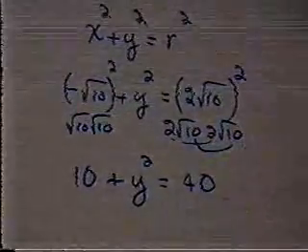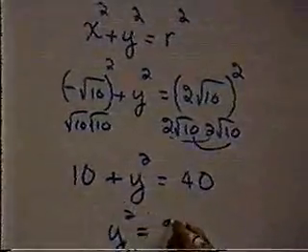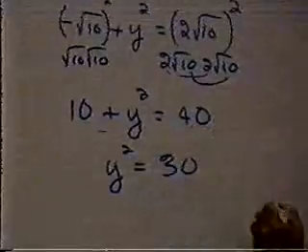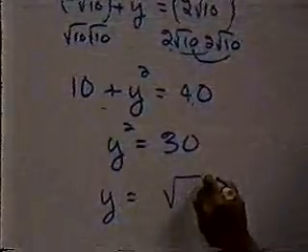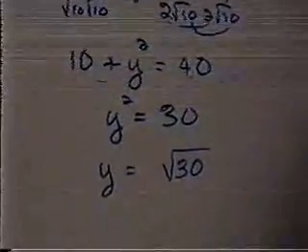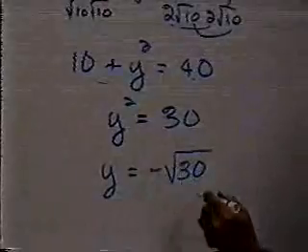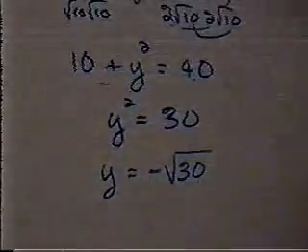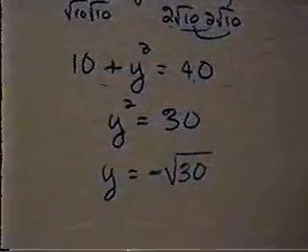Okay. So let's finish it out. And y squared is equal to 30. Moving this across and subtracting it. And so therefore y is the square root of 30. And then you put the minus on there because of where the point C is located. It's located down, so y is negative.